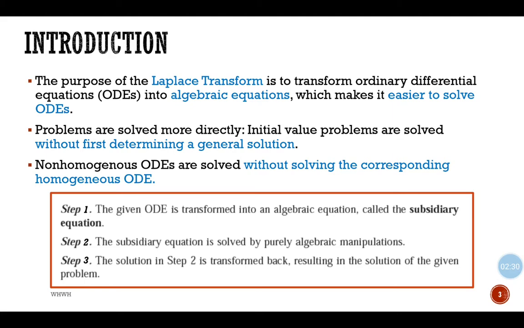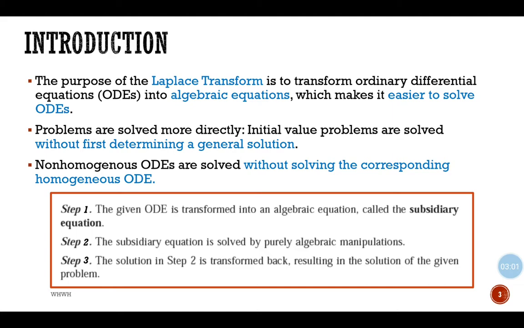Okay, if you have a look over here, okay, it is stated that the purpose of the Laplace transform is to transform ordinary differential equation to algebraic equation, which makes it easier to solve ODEs. Okay, so that's why lah chapter 3 ni Laplace transform right after we have completed chapter 2, ordinary differential equations.